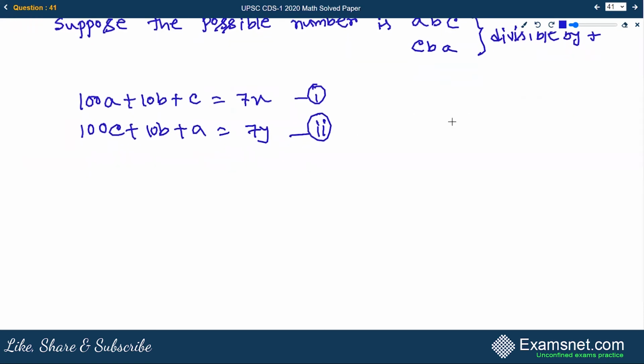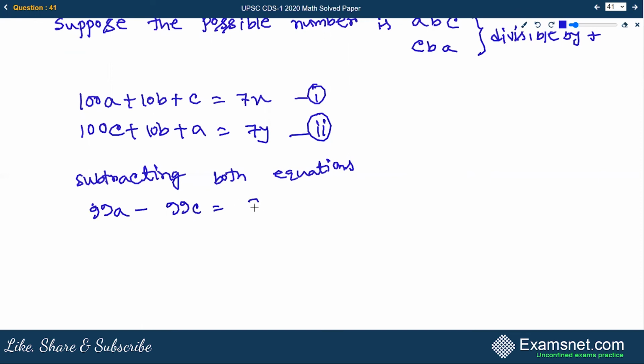Subtracting both equations, the 10B cancels and we get 99A minus 99C equals 7 of x minus y. Further, we can write 99 of A minus C equals 7 of x minus y.